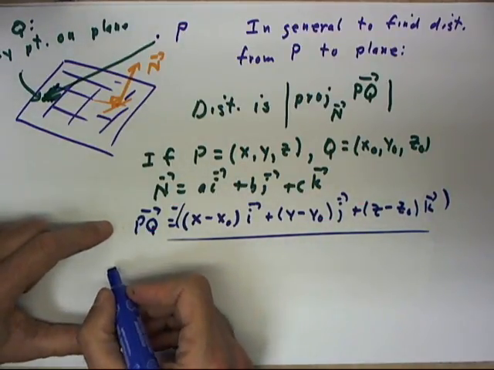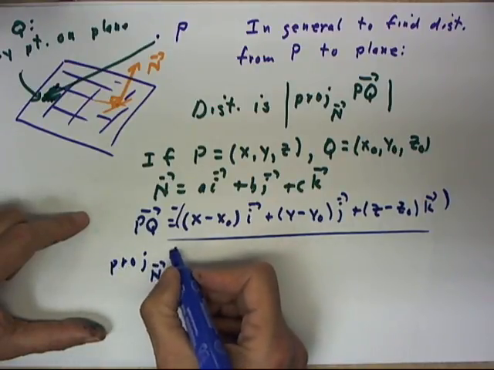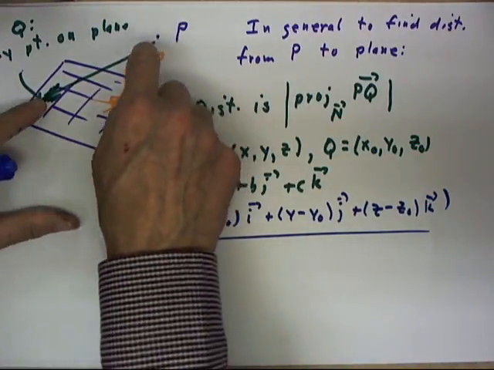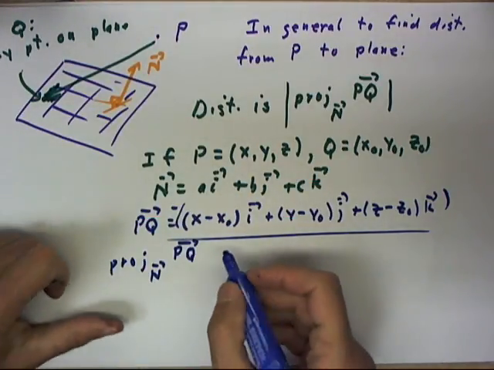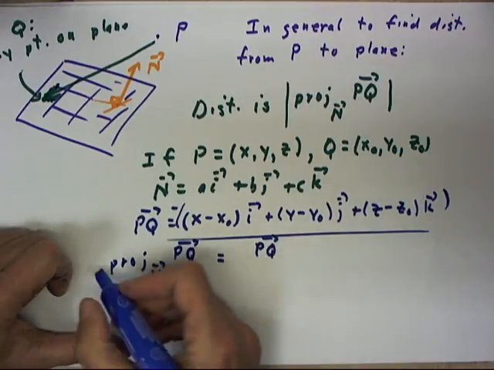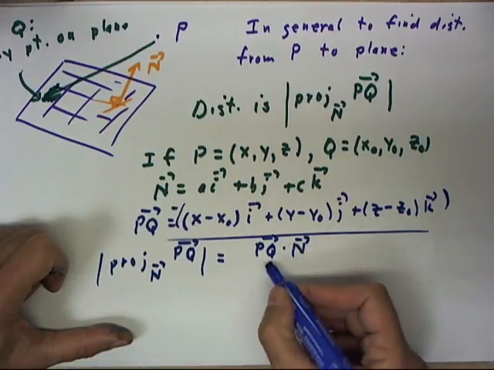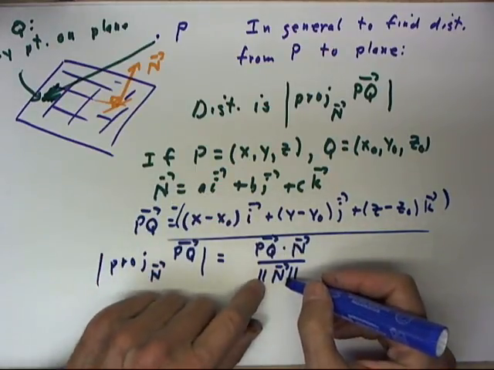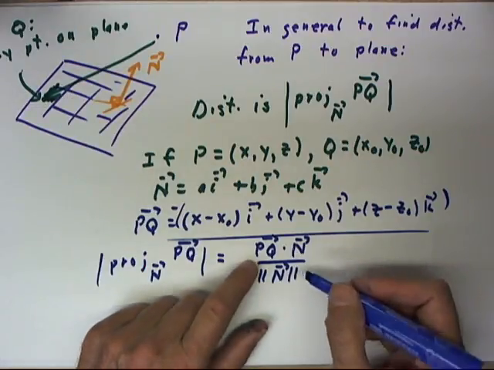Okay, and sorry for that little digression, but now we have PQ equal to this and our normal vector equal to this, so that the projection onto n of PQ, which would correspond to the component of this vector or this vector in the direction of n, is equal to magnitude of PQ dot n divided by the magnitude of n, remembering that n divided by the magnitude of n is just a unit vector in the direction of the normal vector.